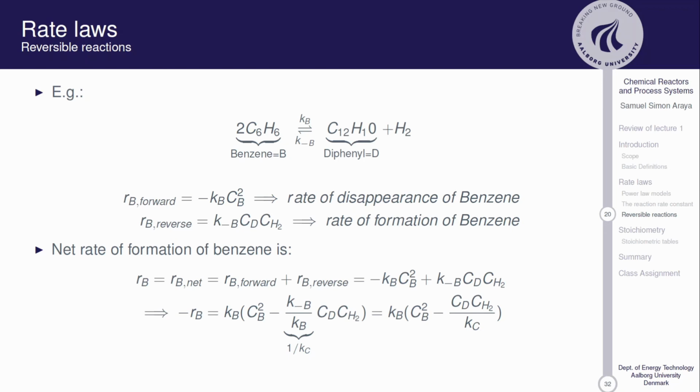So Kc will be equal to Cd times CH2 divided by C squared B. So Kc is equal to the ratio between the concentrations of the products to the power of their coefficients divided by the concentrations of the reactants to the power of their coefficients.